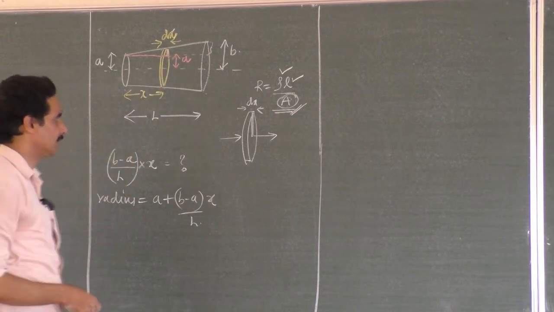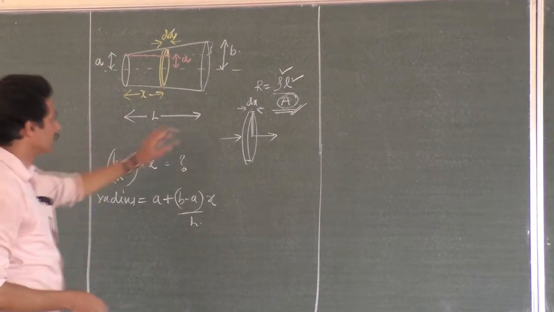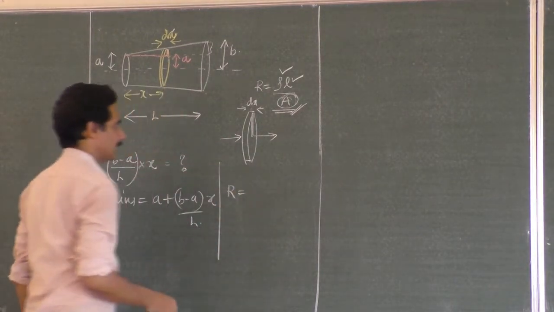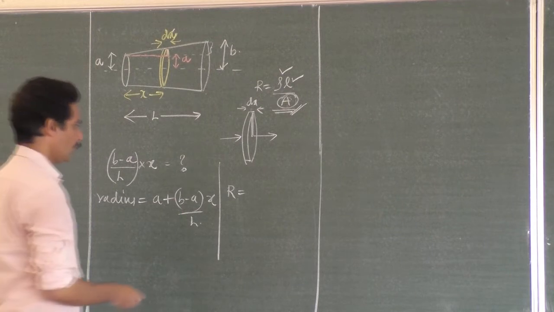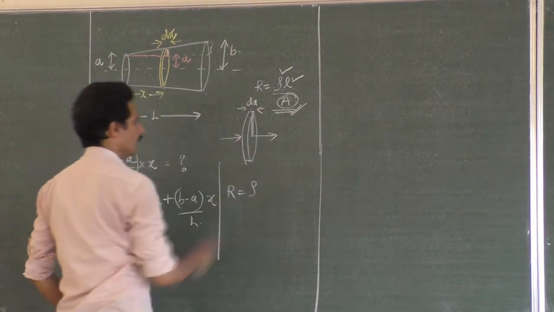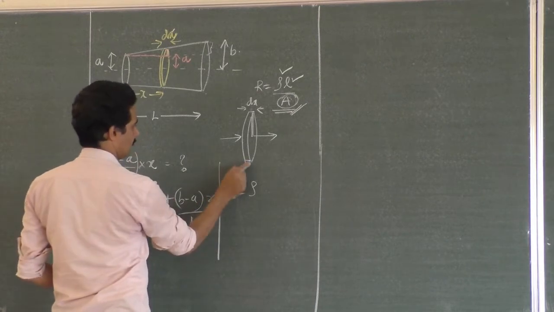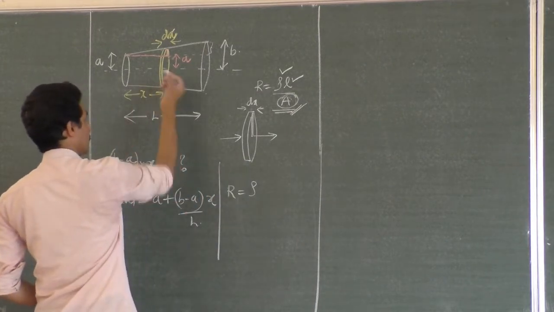Now shall we write the resistance of this small piece? Resistance of the small piece dR is equal to rho times the length, which is the thickness dx, divided by the area. I am concentrating only on this small piece.